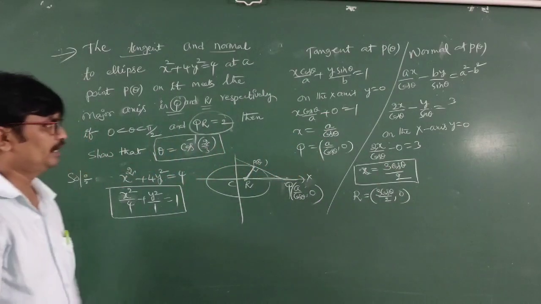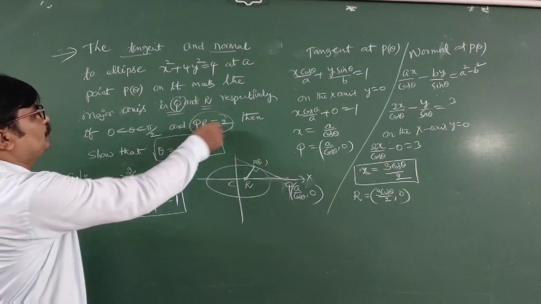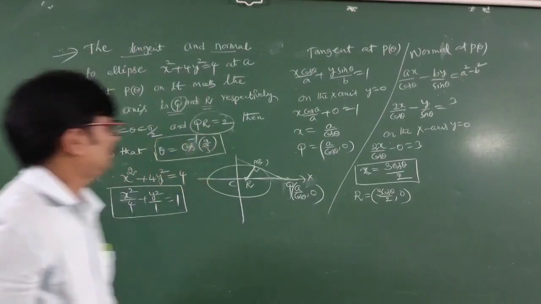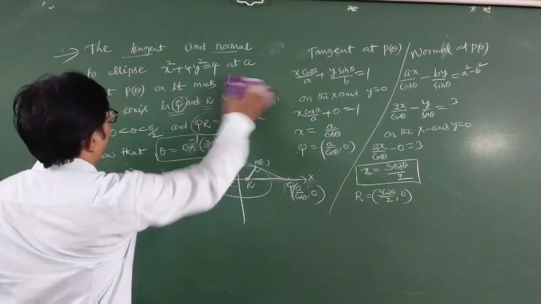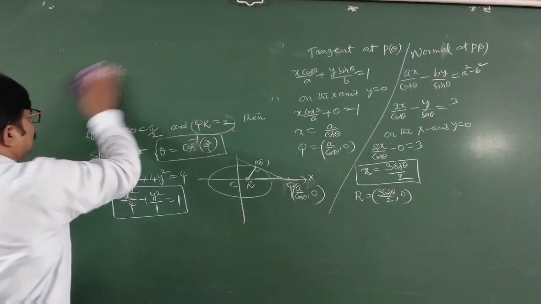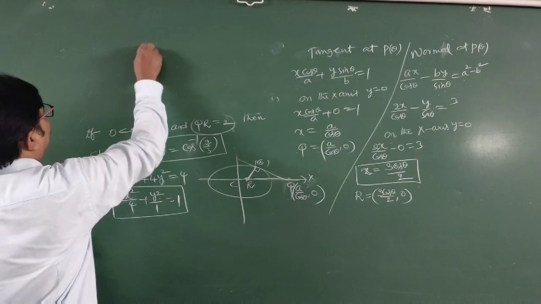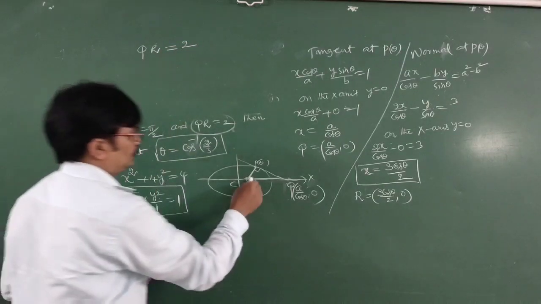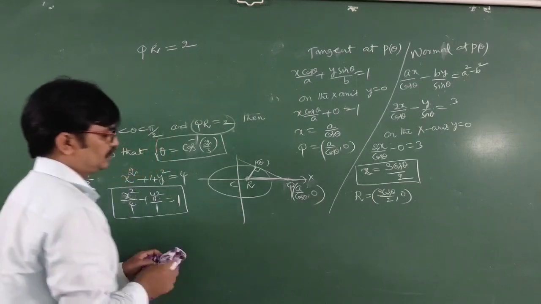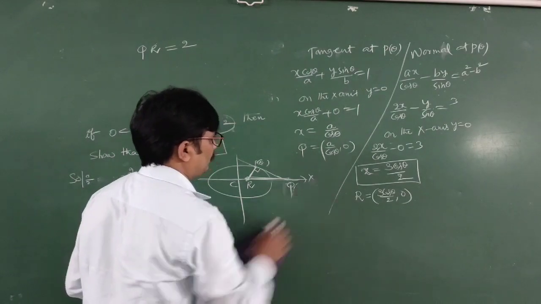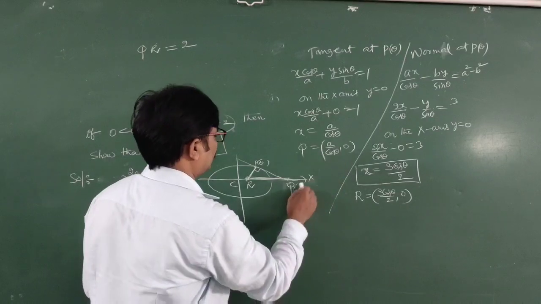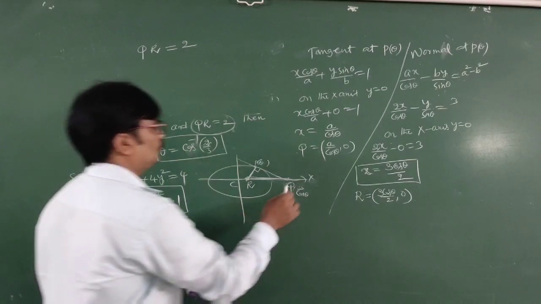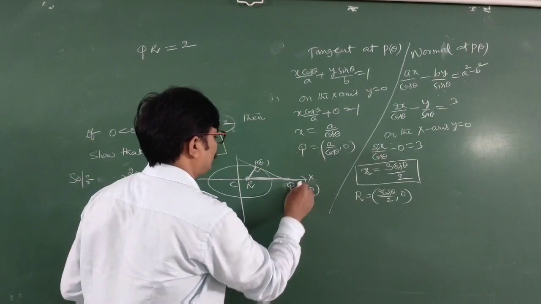My dear students, it is given that QR is 2, then theta is the cos inverse of 2 by 3. How can we write QR? The point Q is a by cos theta, where a is 2, that is 2 by cos theta comma 0.